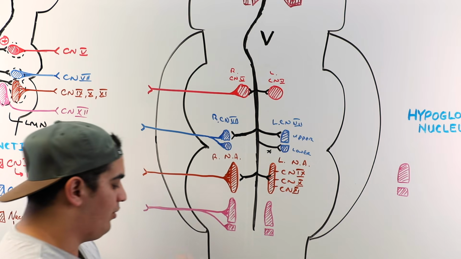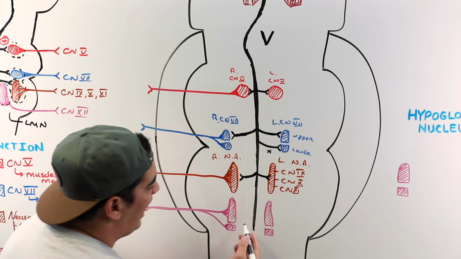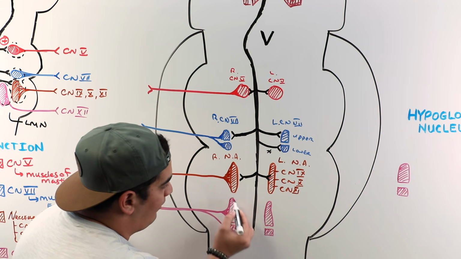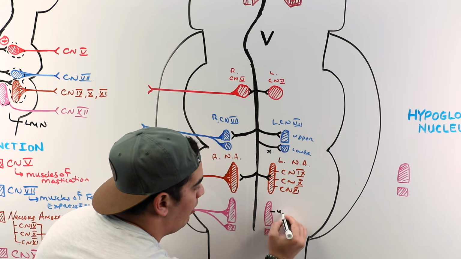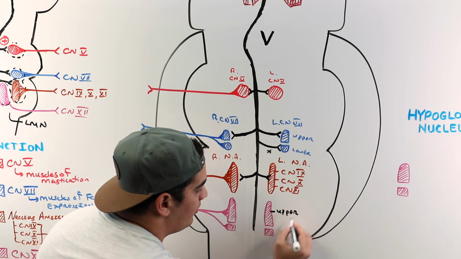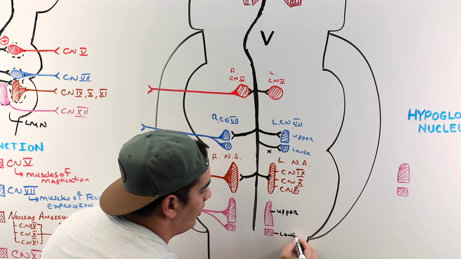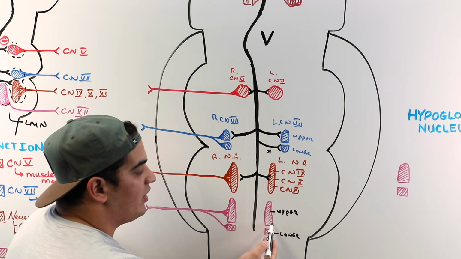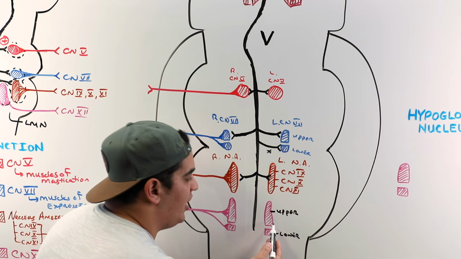Go down to the last nucleus, the hypoglossal nucleus. When it comes to the hypoglossal nucleus, again, you have two parts, the upper part of the hypoglossal nucleus and the lower part of the hypoglossal nucleus. The upper part supplies muscles of the tongue other than the genioglossus.